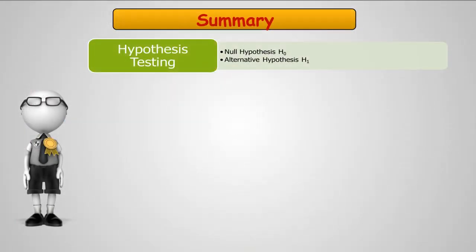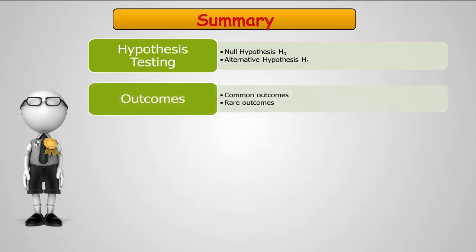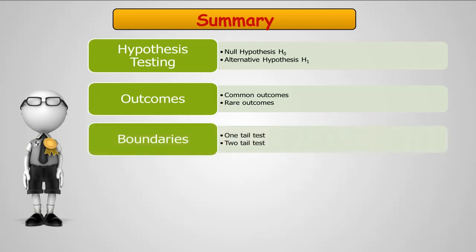So let's summarize. With hypothesis testing, the null hypothesis is going to be H0 and the alternate hypothesis will be H1. When it comes to outcomes, there are common outcomes and rare outcomes. Rare would be outside the realm of chance. Boundaries: we can do a one-tail test to test one side of the distribution, or a two-tail test.